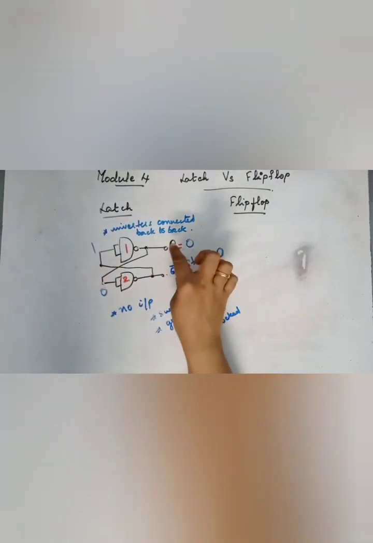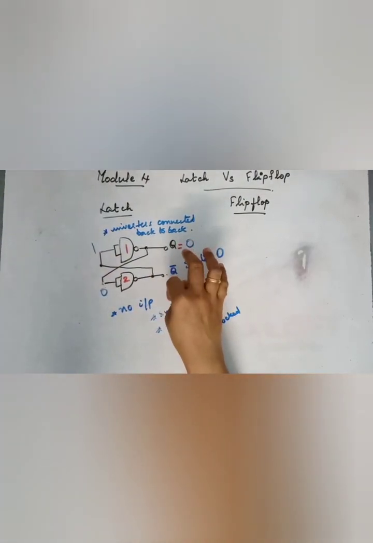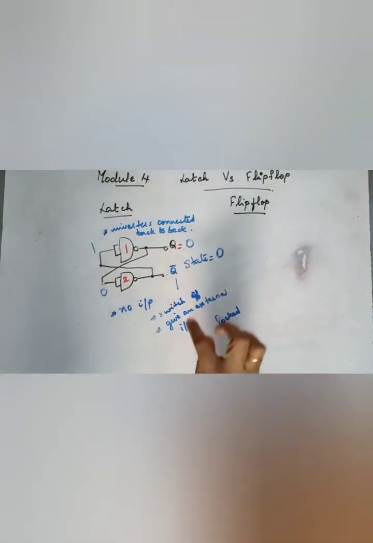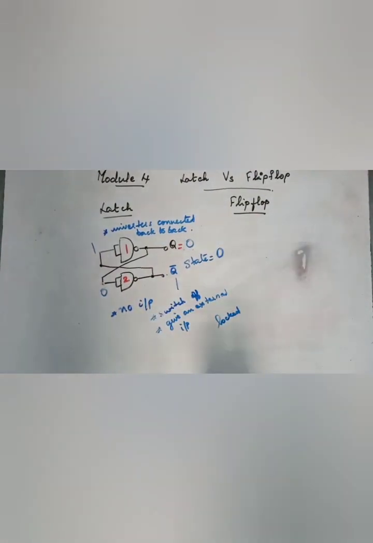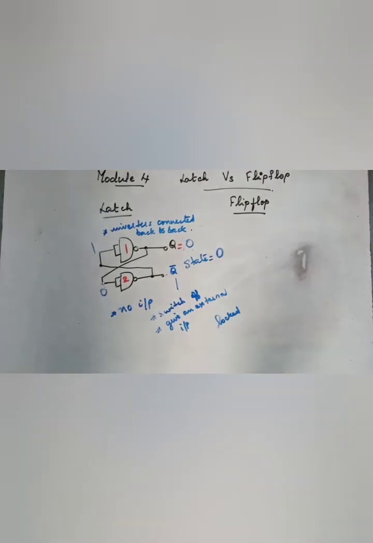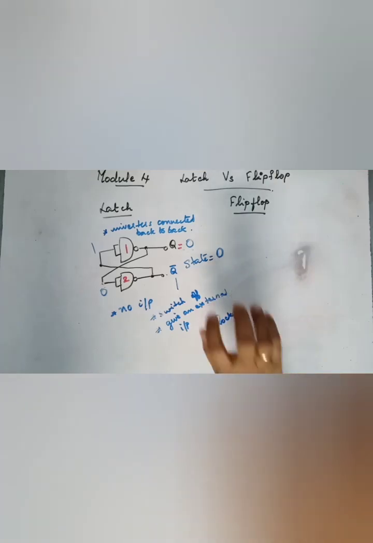Similarly, in this latch also, the output does not change. Output stays the same until you switch off the circuit, you open the door, or give an external input, or you do some forced entrance. Otherwise, it is locked. That is a latch.